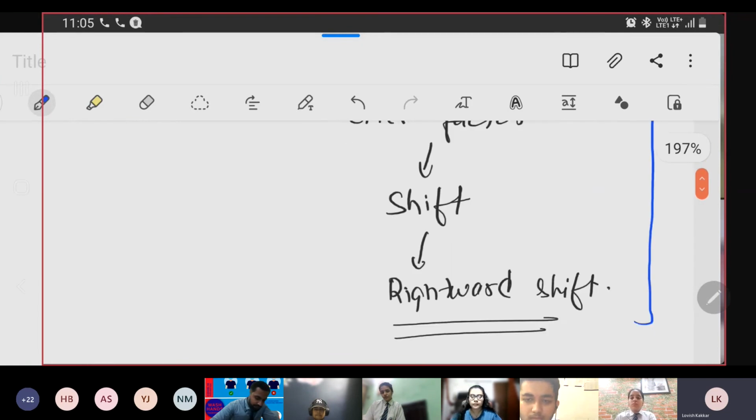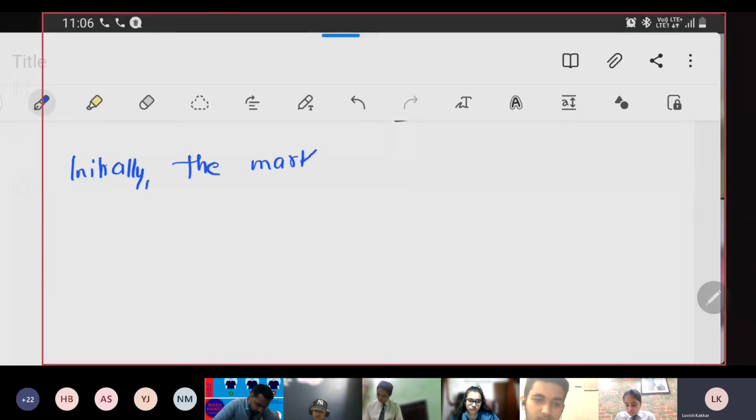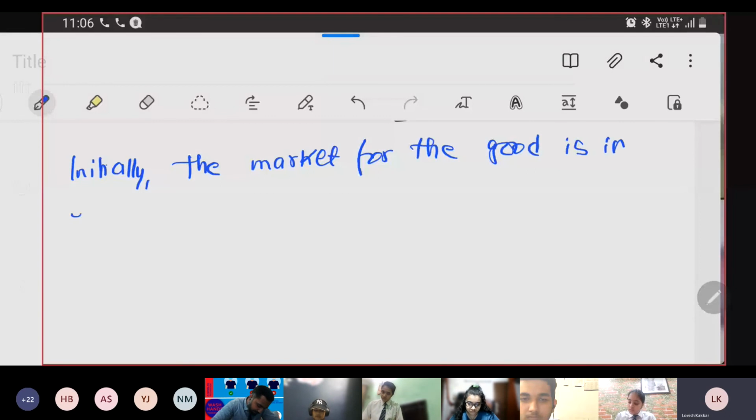Now, let's start with the answer, the basic format that we've done. Initially, the market for the good is in equilibrium.